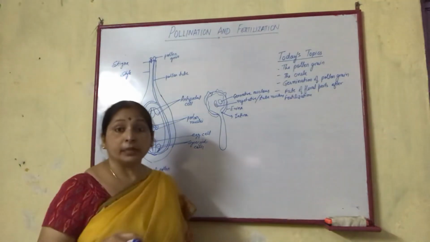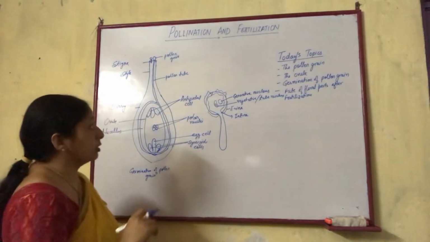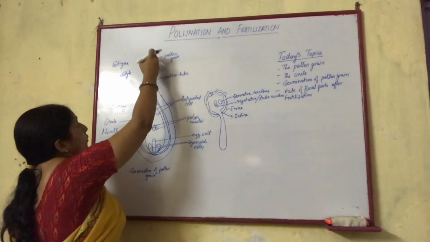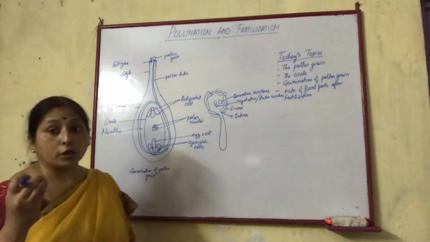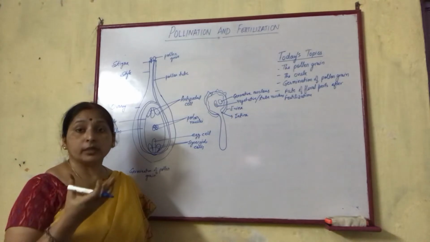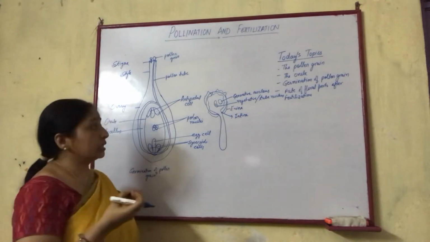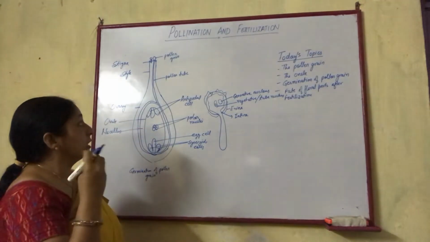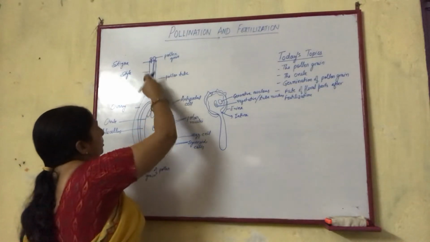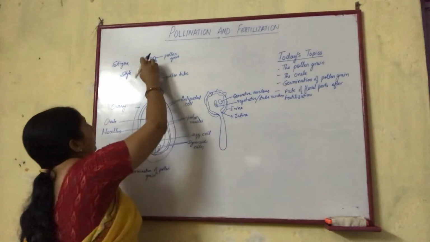After this, the germination of pollen grain. When the pollen grains fall on the stigma with the watery fluid present there, they start germinating and pollen tubes start developing.